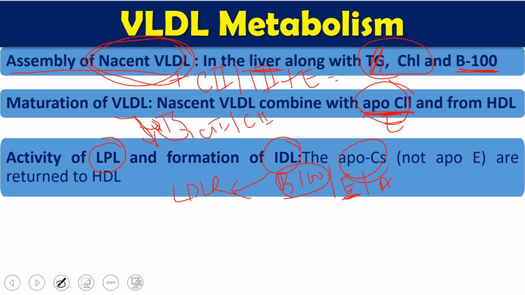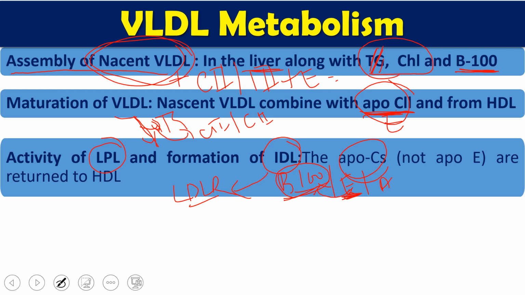So IDL goes to the liver for reprocessing and binds to this LDL receptor. This is a receptor. The ligand is B100. This B100's affinity is very high because it has ApoE. So ApoE's function is to increase the affinity of B100.